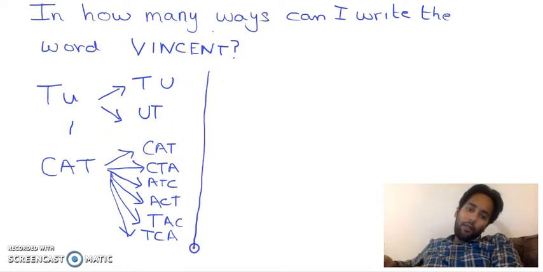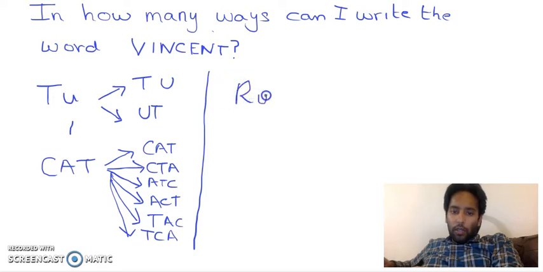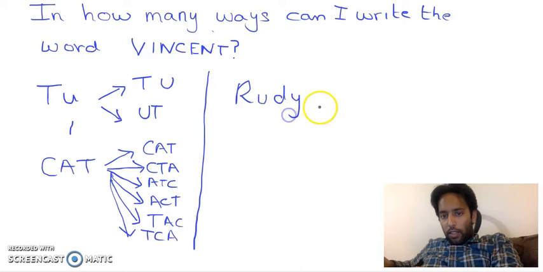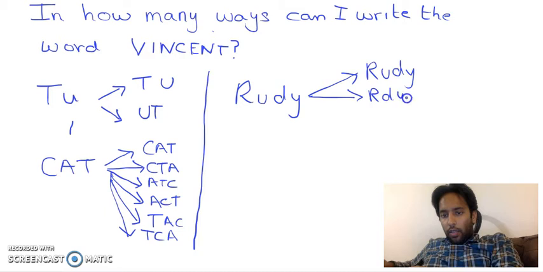Of course it does. But what happens if we were to arrange this word, Rudy? So you would go RUDY, then RDUY, then RDYU, and RYDU.